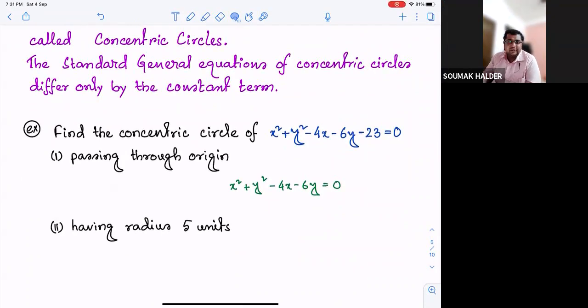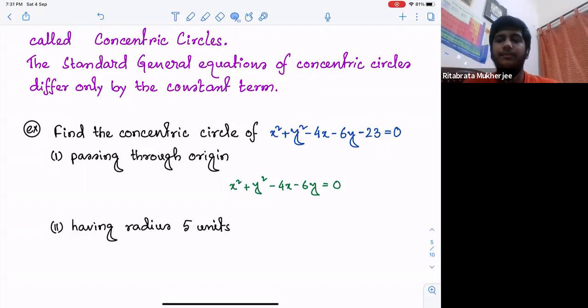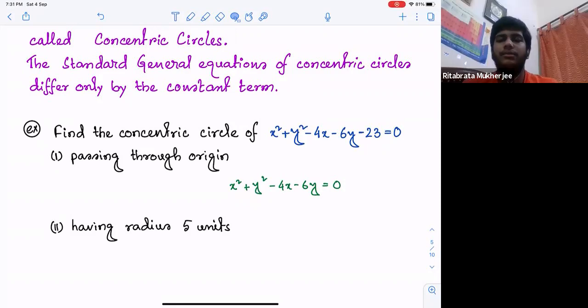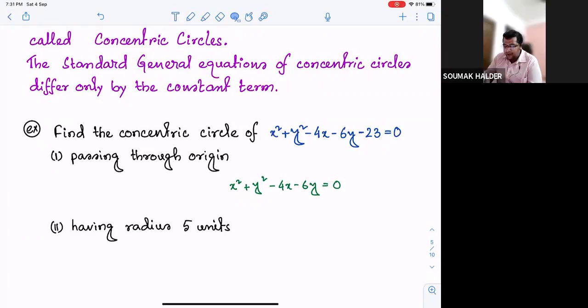What is the present radius of the given reference circle? 6 units, right? The given reference circle has radius 6 units. So that means radius square is 36.